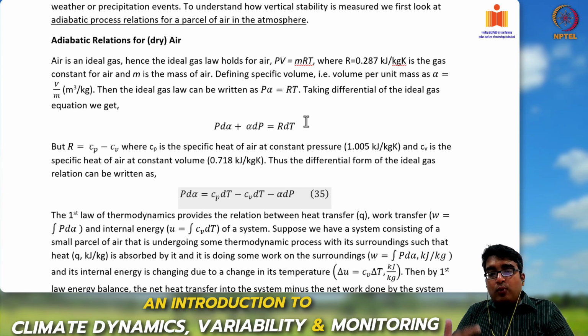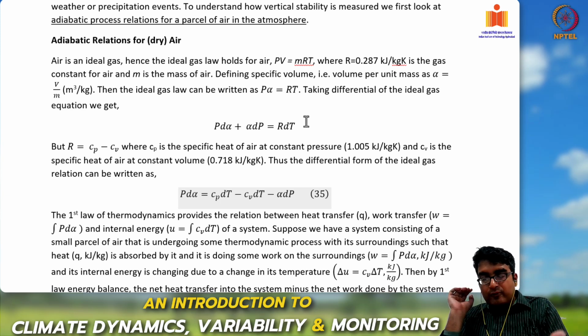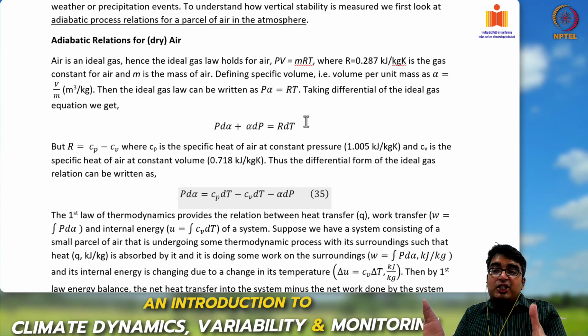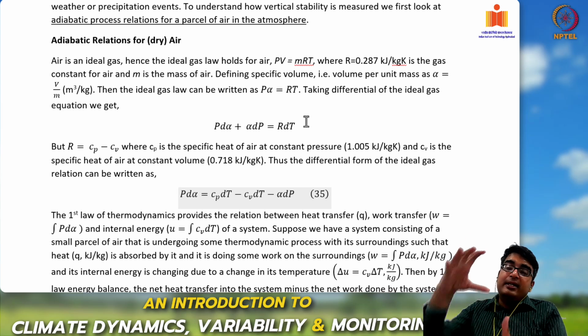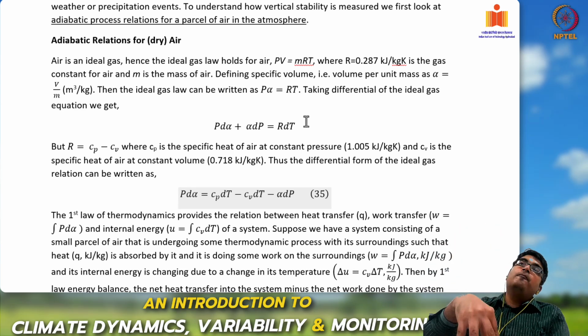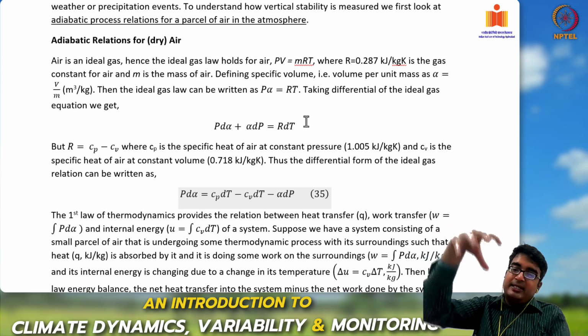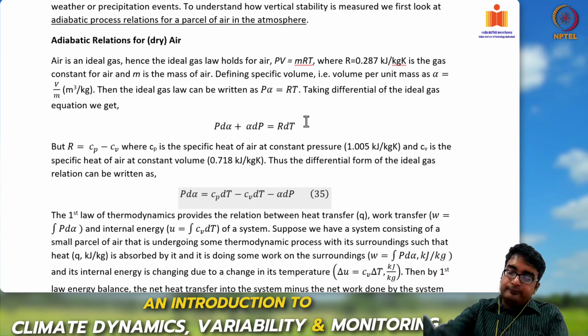So whatever was the original buoyancy force that was allowing that air parcel to move upwards, that would soon be overwhelmed by the increased gravitational force because of the higher density of this relatively colder parcel of air, and hence eventually the air parcel will try to move back down because it's too dense, it cannot move up anymore.